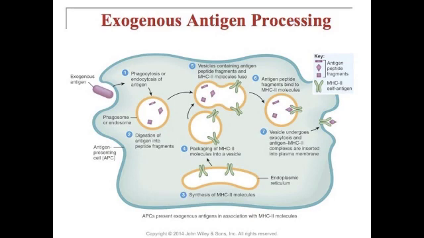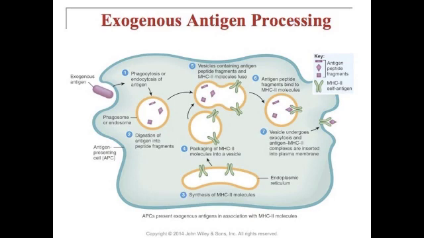Next, at number 5, fusion of vesicles. The vesicles containing antigen peptide fragments and MHC2 complex molecules merge and fuse. At the 6th step, we bind the peptide fragments to the MHC2 molecules. After fusion of the two types of vesicles, antigen peptide fragments bind to the MHC2 molecules.